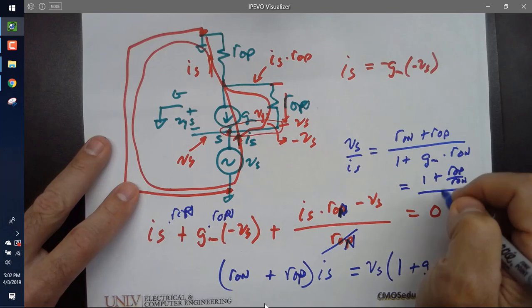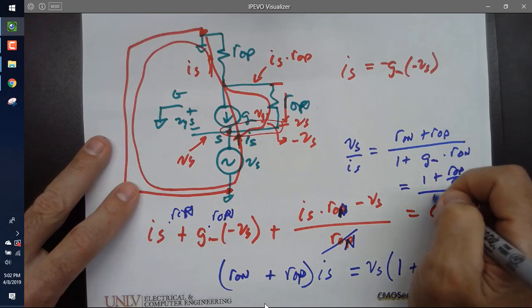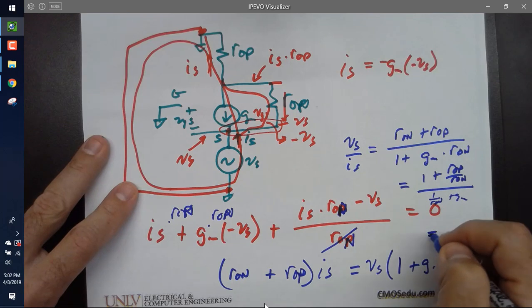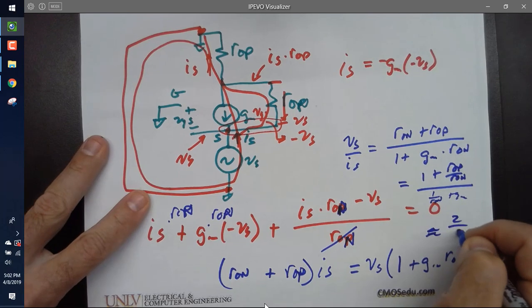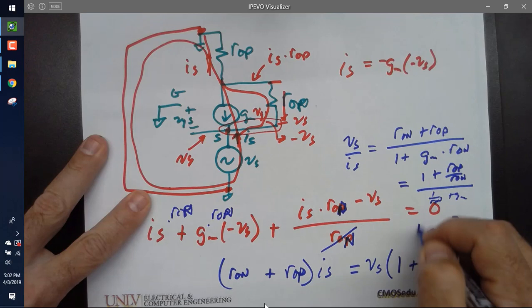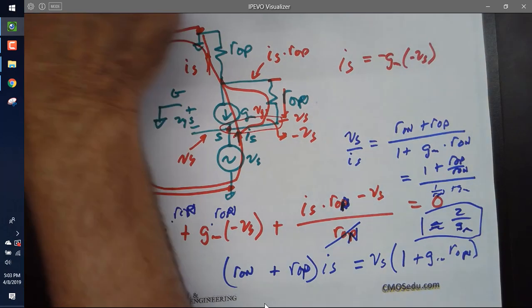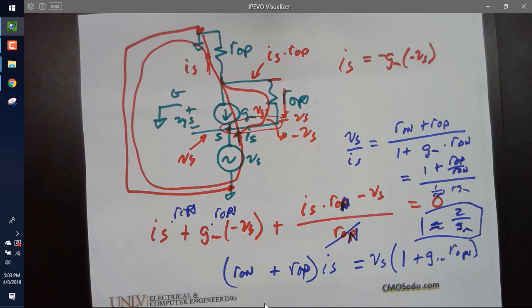And that's divided by 1 over RON plus GM. And that ends up giving me approximately 2 over GM. And so this is the answer. If you do it precisely, it's off by a factor of 2 from just estimating 1 over GM going in, because of the output resistance of the transistor.